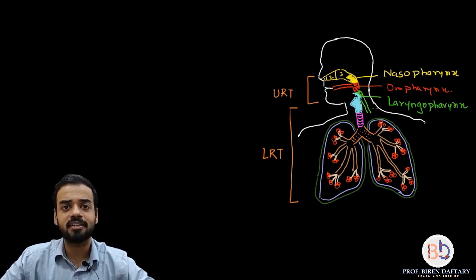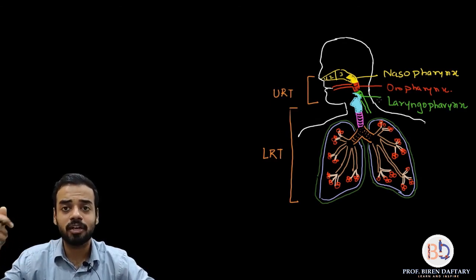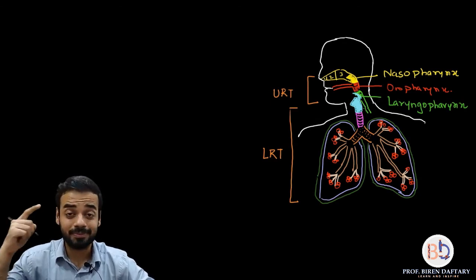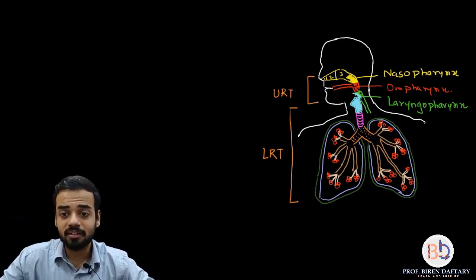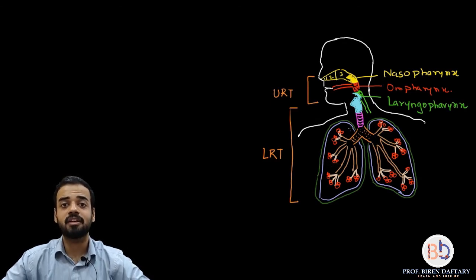Below that is the trachea, with C-shaped cartilaginous rings and an epithelium called pseudostratified ciliated epithelium. Mucus traps the dust, and it is sent out by the cilia and the mucus. Then we have the primary bronchi, secondary, tertiary bronchi, bronchioles, alveolar sacs, alveoli, and finally the lungs.